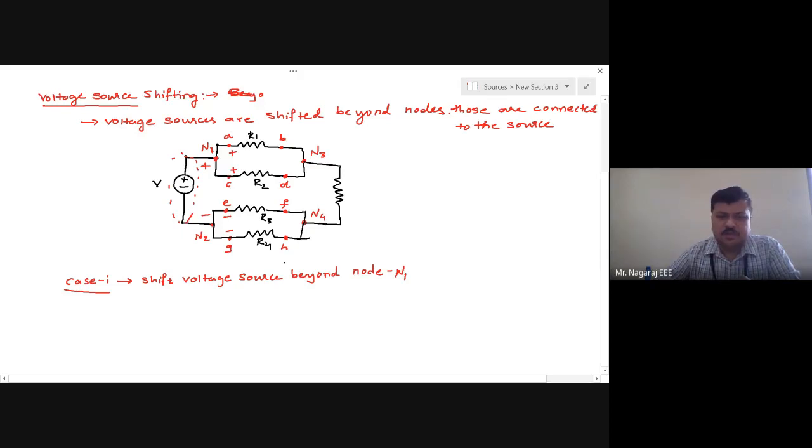So shift voltage source beyond node N1 and short circuit the original branch. So this I have to do now.